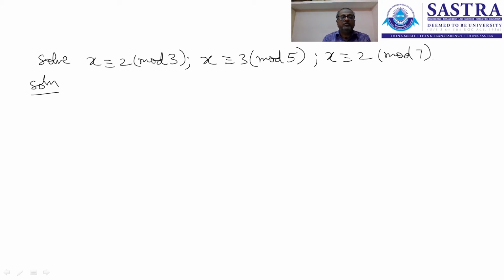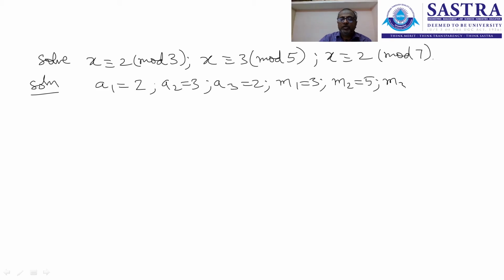What is your a1? a1 is equal to 2. What will a2 be? a2 is 3. And a3 is 2. M1 is 3, M2 is 5, and M3 is 7.